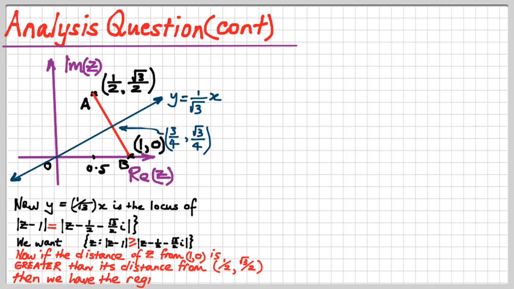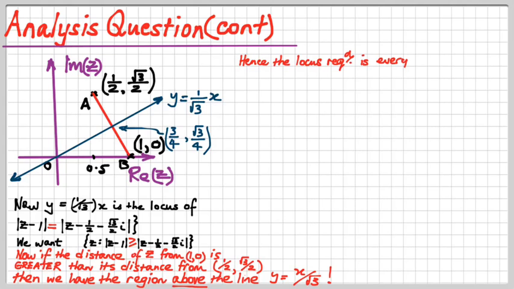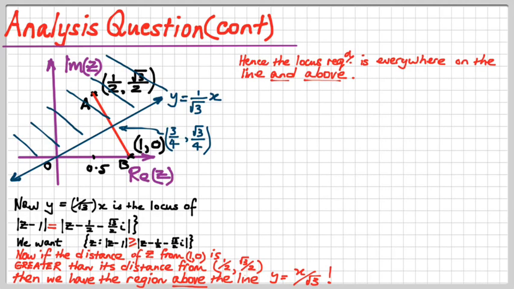You basically want the region above the line, and including the line itself. You'll notice I just performed a little bit of magic and got rid of that mistake because I couldn't stand it, so it's nice and fixed now. So the locus required is everywhere on the line and above the line. Now let's draw it in. There it is. Now can you see that?